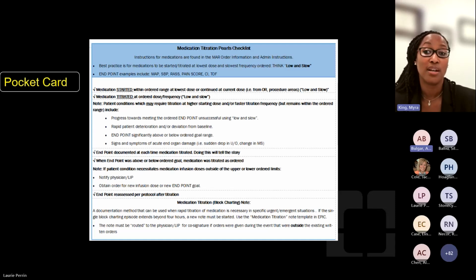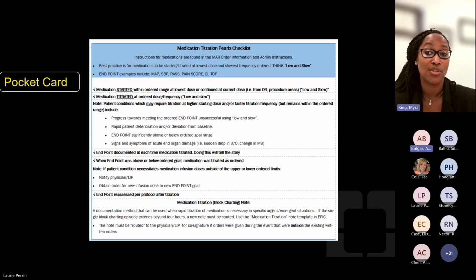We gave examples of clinical endpoints and then a reminder of the requirements for each titration as they were starting and titrating medications. We gave examples as to when it may not be appropriate for nurses to titrate low and slow. There is a disclaimer that exists within our policies. If the patient's condition necessitates a higher dose or faster titration, but remains within the ordered range, here are some of those scenarios.